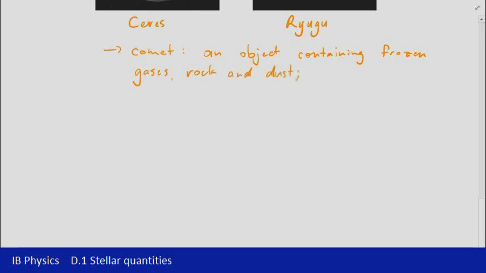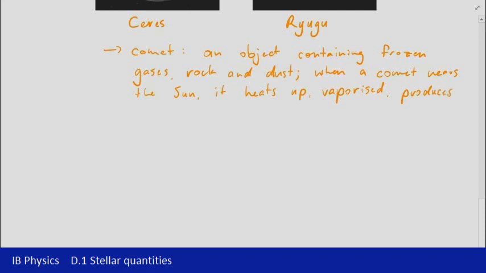Now, when a comet nears the Sun, what happens is that the comet heats up, and so the gases vaporize. And that means if the gases are being vaporized, it produces a coma.